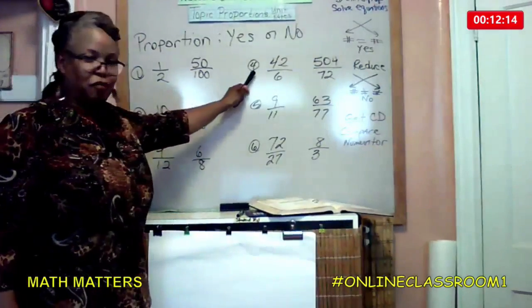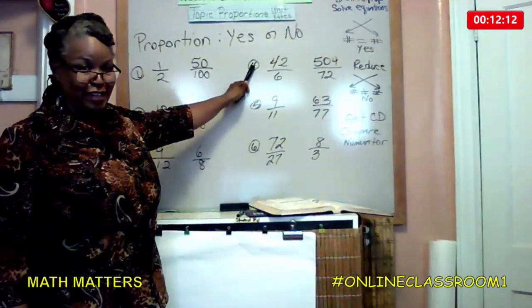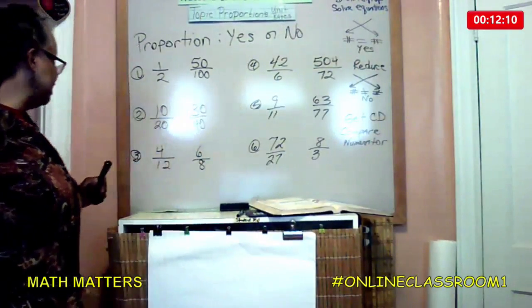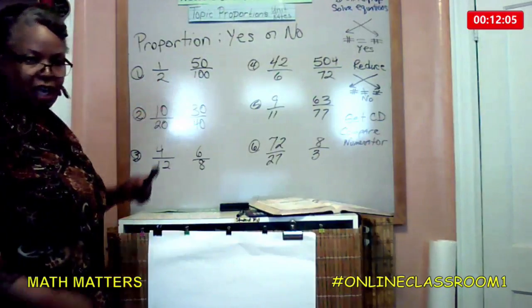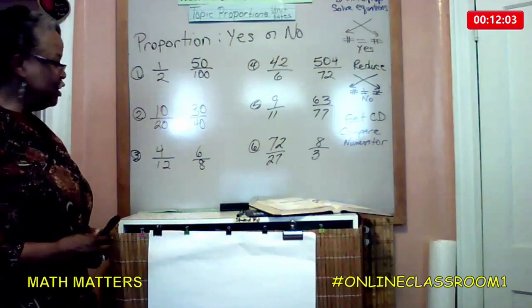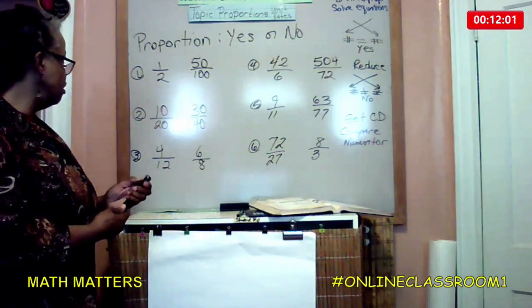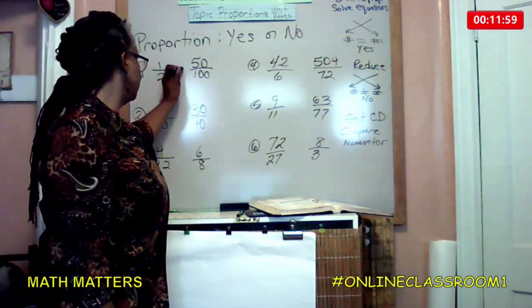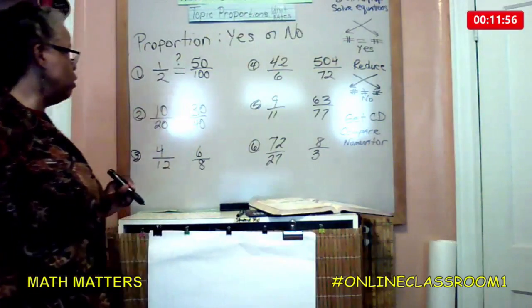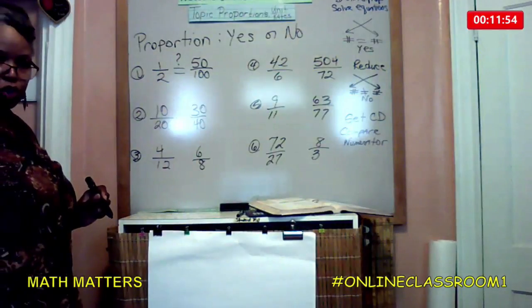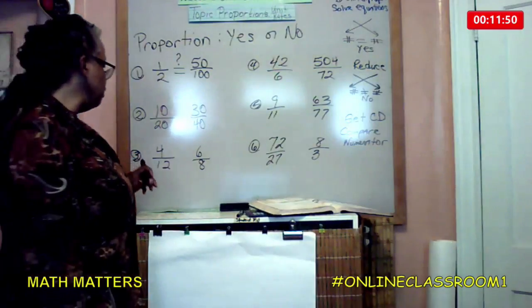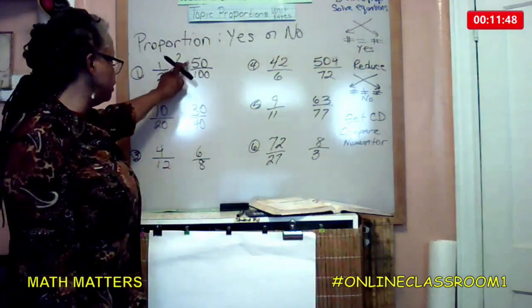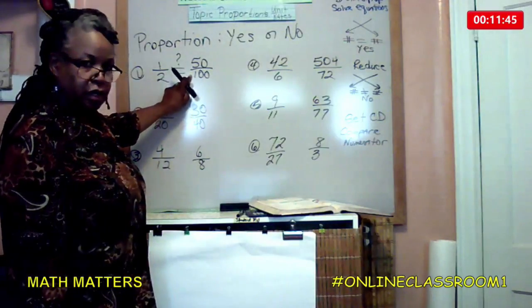Alrighty, let's go. By the time we get to number 4, we need a real strategy to work that one out. So let's go with number 1. 1/2 compared to 50 out of 100. Did you find them to be equal ratios or not? If the answer is yes, they're proportional. If the answer is no, they're not proportional. We could reduce the 50 over 100.